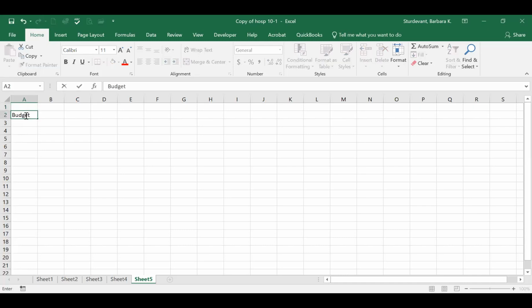So we have budget, we have actual, we're doing payroll, so we have hours, we have rate, we have total. And with this one, we're going to put customers in here. Okay, so what do we have?